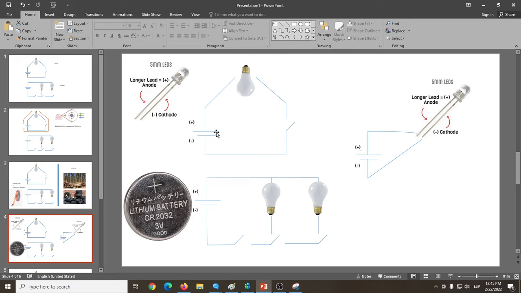So the longest line means that that is the positive side, and the shortest is the negative side. This is the representation of the battery, and here you are going to put the LED in the practice. So take this into account. They must have the same polarity. Okay, they must be positive on the same side, negative on the same side.